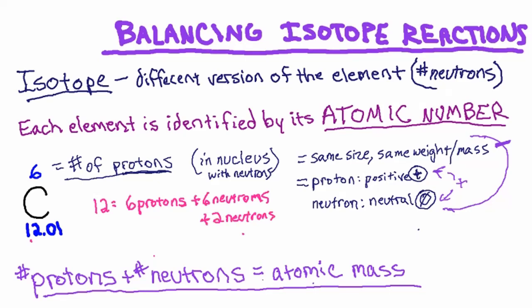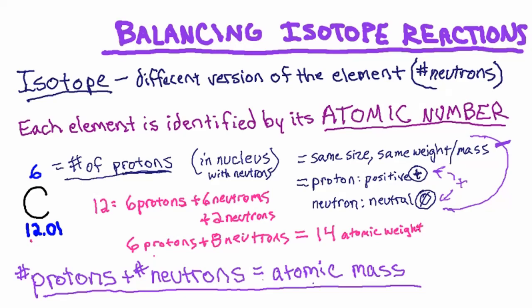So what if we gained 2 neutrons? So that would be 6 protons. That would be an isotope of carbon, since it has a different number of neutrons. That would be a total of 8 neutrons. And if you add those together, 6 protons plus 8 neutrons are 14. So 14 would be the atomic weight number.